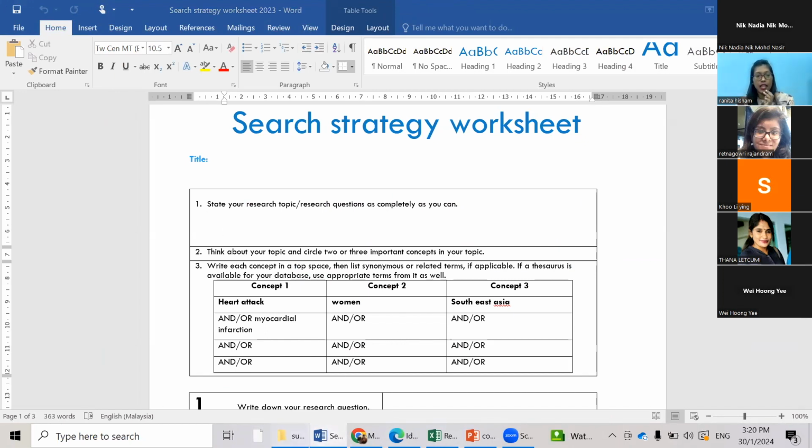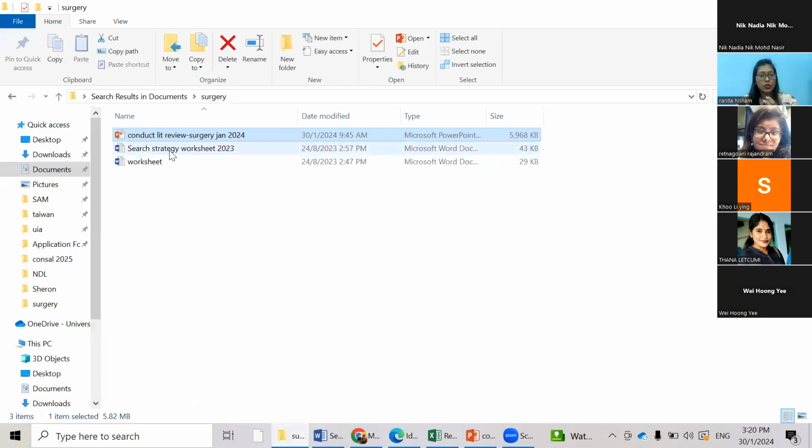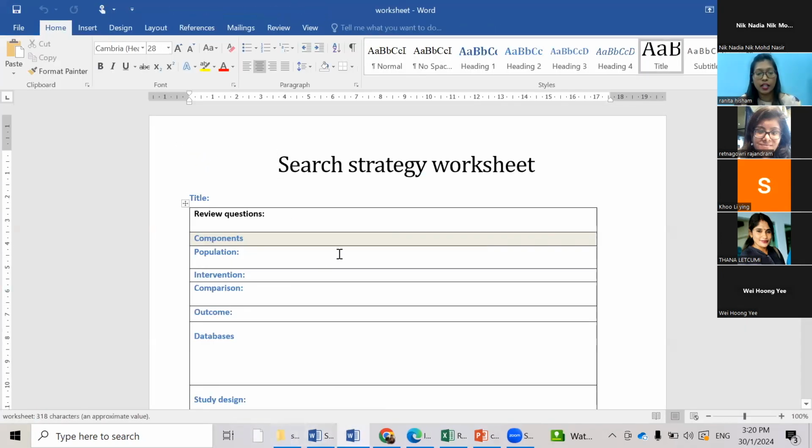But of course, there are also, let me see if I have the PICO one. Yeah. Okay, so this strategy worksheet, I usually share with everyone because I think it can help you to organize or plan your research.